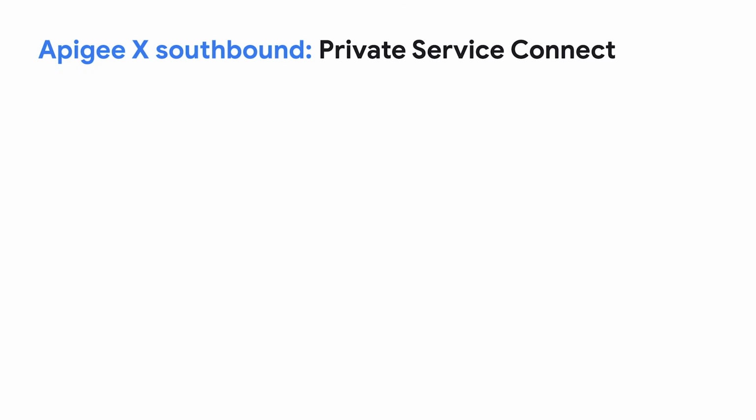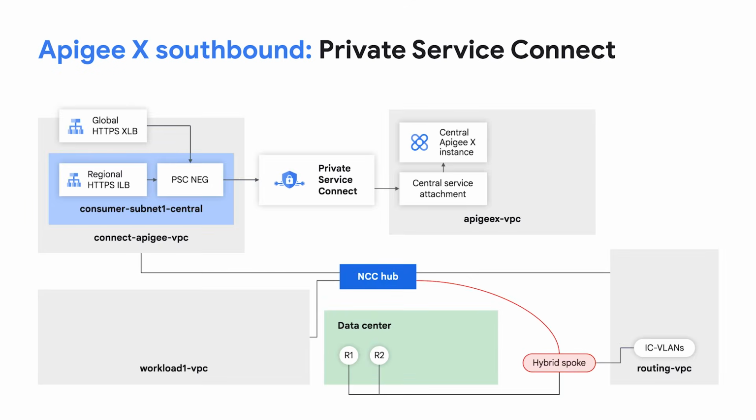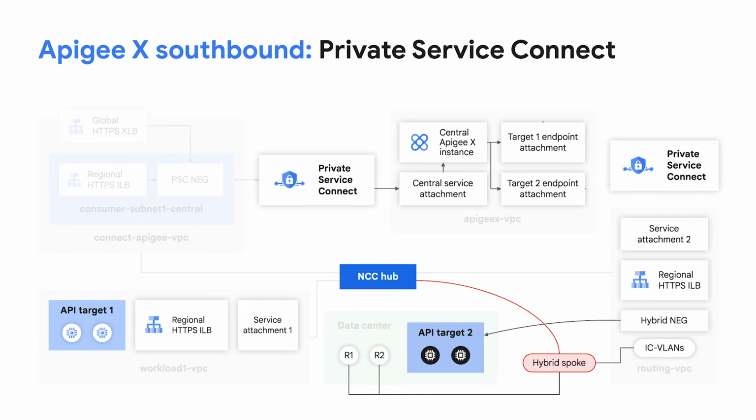If using PSC only, API targets must be exposed as producer services. You'll need to front your APIs with an internal load balancer. The flavor of load balancer doesn't matter, just as long as the region matches the region where you have Apigee deployed. Then, expose the service via a service attachment with a PSC NAT subnet.